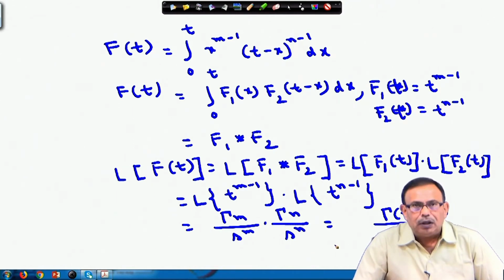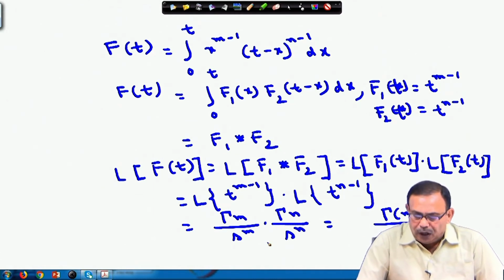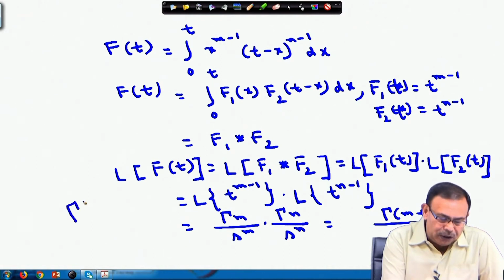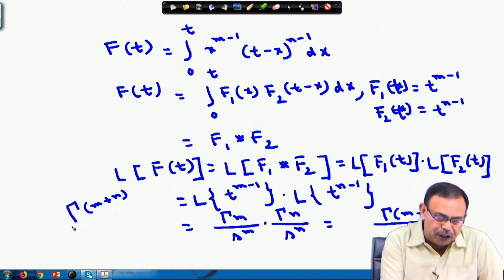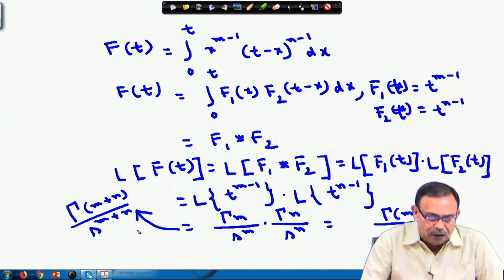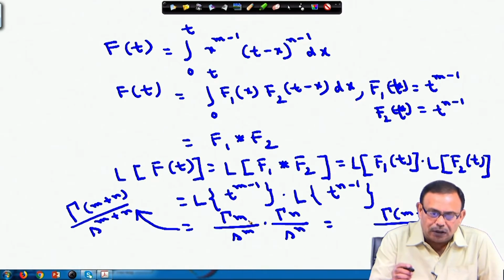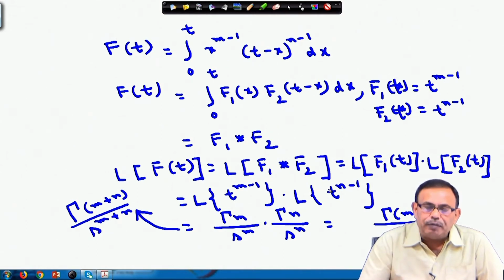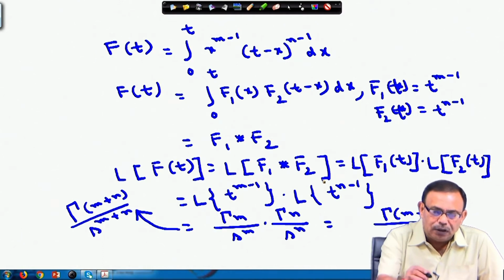So effectively you are getting gamma m gamma n by s to the power m plus n. So the Laplace transform of f t, where f t we have assumed to be the integral from 0 to t of x to the power m minus 1 into t minus x to the power n minus 1 dx, we are obtaining this thing.